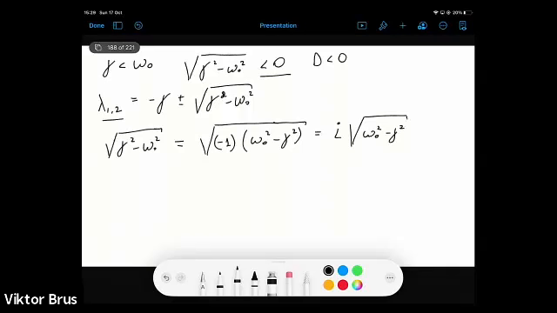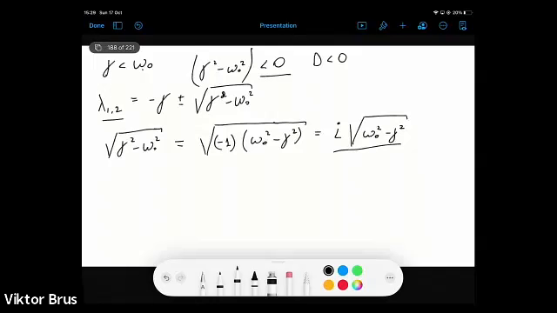So this is the complex form of our solution, because we know that gamma is smaller than omega naught, and that's why this expression will be correct to write just like this, since gamma square minus omega naught square is smaller than 0.